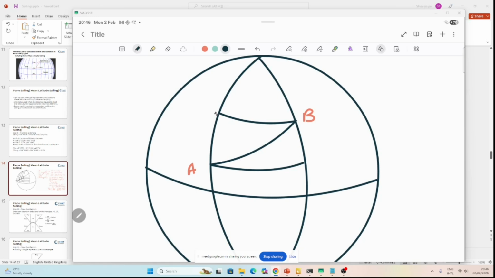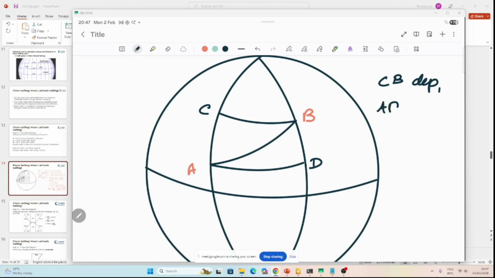You can see if I put here C and if I put here D, CB also showing a departure.